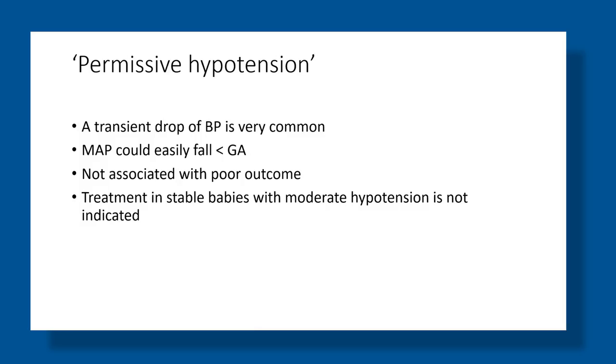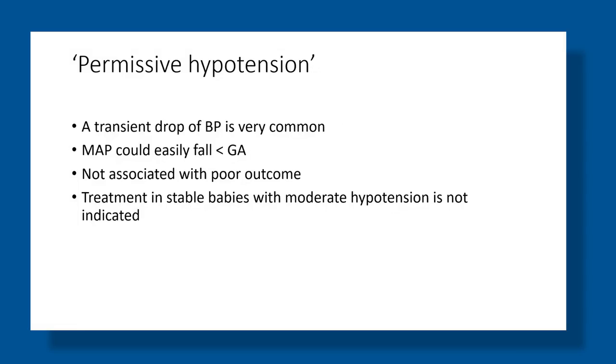So now the understanding is that in newborns, a transient drop in the blood pressure is very common, and the mean arterial blood pressure could easily fall below the gestation, or what we already know as the definition for hypotension. But we also know that this mild amount of reduction in the blood pressure, which is transient, is not associated with poor outcome.